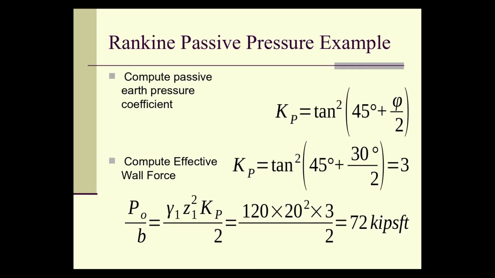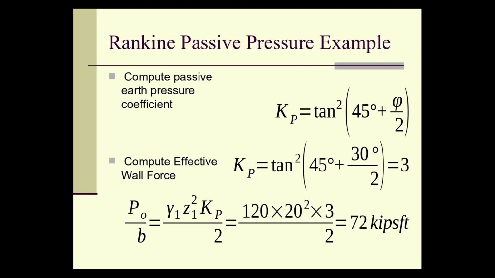Here we go. The only difference is now the passive earth pressure coefficient is equal to tangent squared of 45 plus phi over 2. Level backfill, purely cohesion in the soil. Effective wall force, and so you plug and chug, you get Kp is equal to 3.